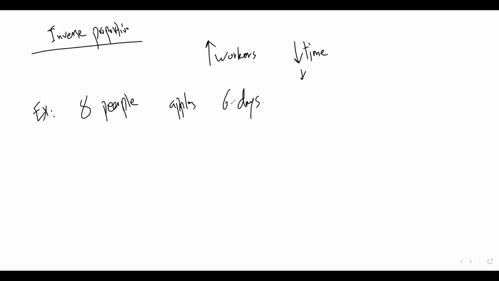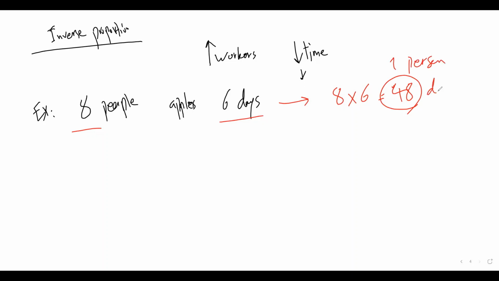A job, it doesn't matter, it's picking apples, eating burgers, filling up a pool, it doesn't matter what it is. So stop right there and multiply these two numbers, 8 and 6. That would give you basically 48, right? 48 days. Now, what is that 48?